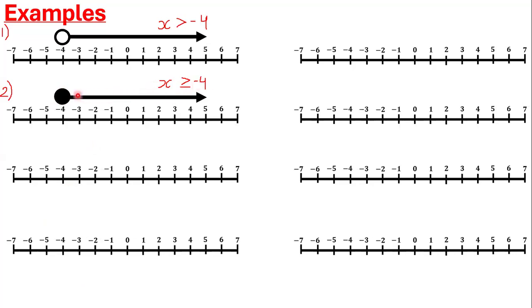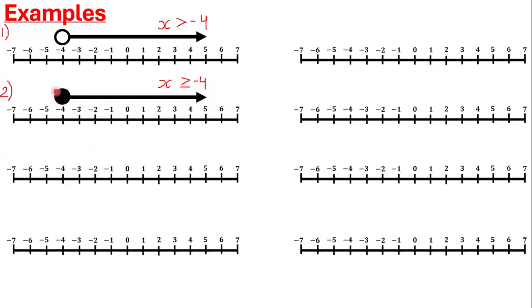Inside our solution set we're going to have -4, -3, -2, -1, 0, all the way up to infinity. So this inequality is satisfied when all of these numbers starting from -4 all the way up to infinity are inside the solution set.